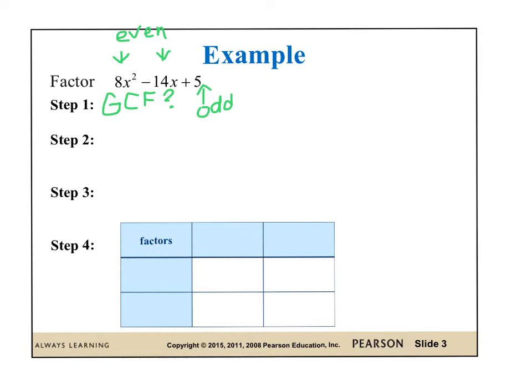And so we know that there are no greatest common factors to all three terms. But we always have to ask ourselves that question. So then the way that we're going to do this is I'm going to use the table to carry out steps 2 and 3.